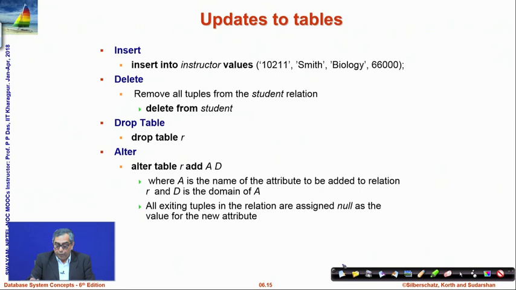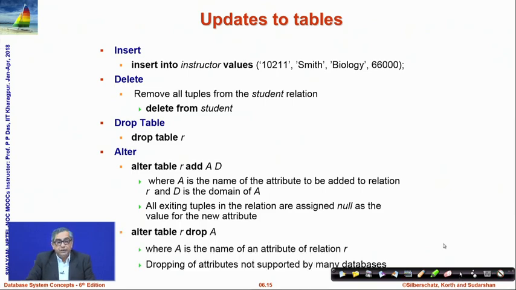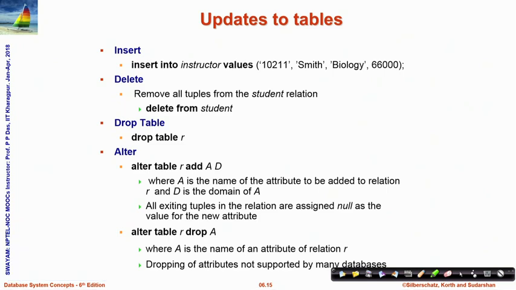Similarly, it is possible also to drop an attribute that already exists, and the syntax for that will be alter table, the relation name, drop is the keyword and the name of the attribute. Mind you, all database systems may not allow you to drop an attribute, to alter table to remove attributes, so it works in some and it does not work in the rest.